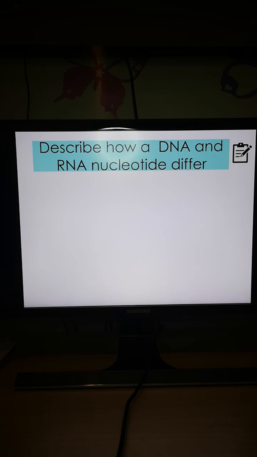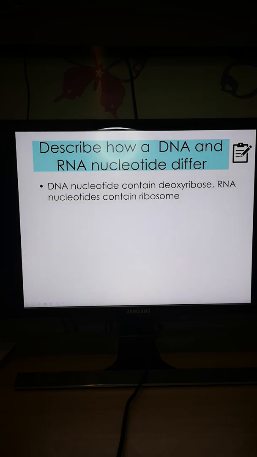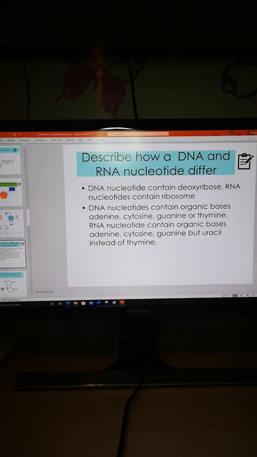Pause and answer. Okay, so we should have a difference in sugar. So DNA nucleotide contains deoxyribose, RNA nucleotides contain ribose, not ribosome. That is not meant to say that.